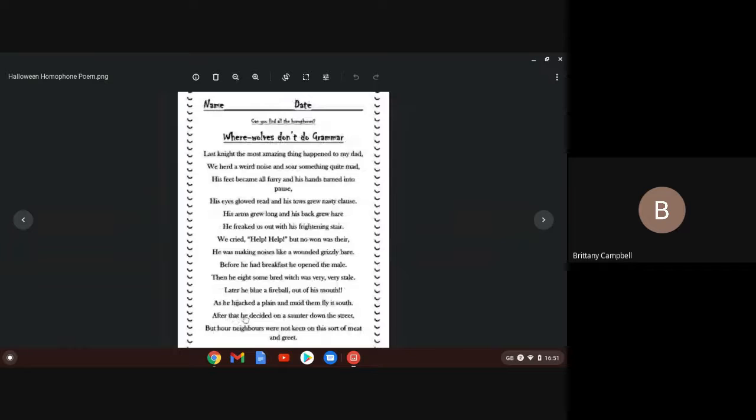After that, he decided on a saunter down the street. But our neighbors were not keen on this sort of meat. So, meet and greet.